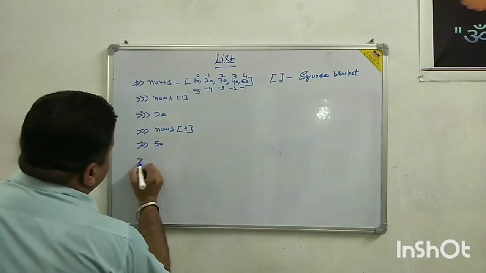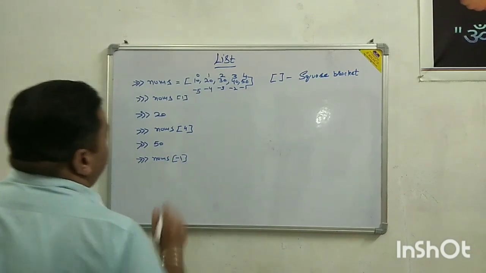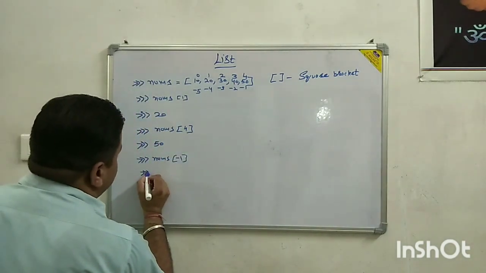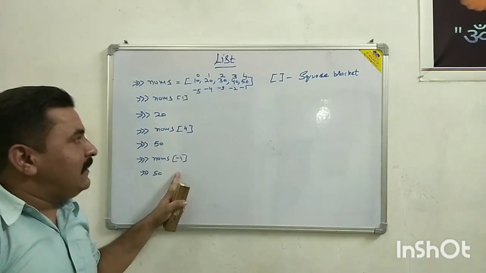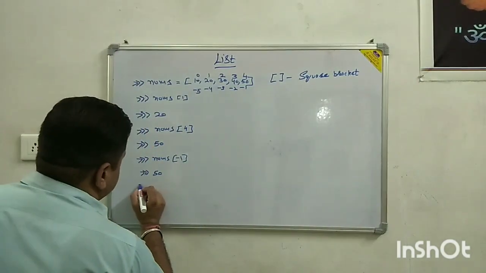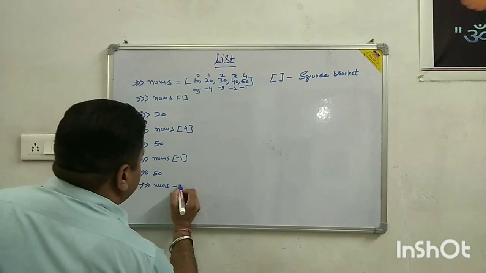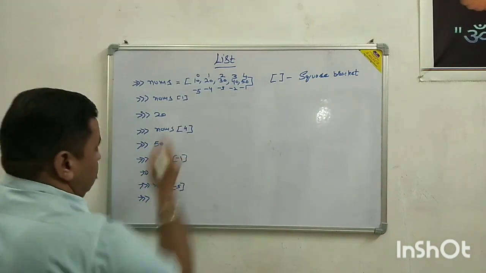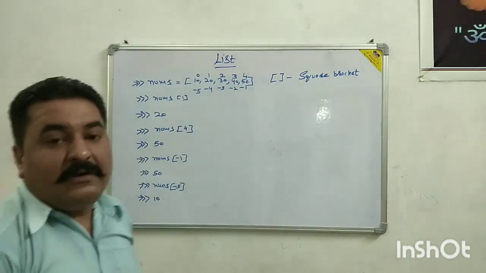If we write nums of -1, the -1 index represents the last element, so it will give the result 50. And if we write nums of -5, then it will give the result 10, because the -5 index has the element 10.